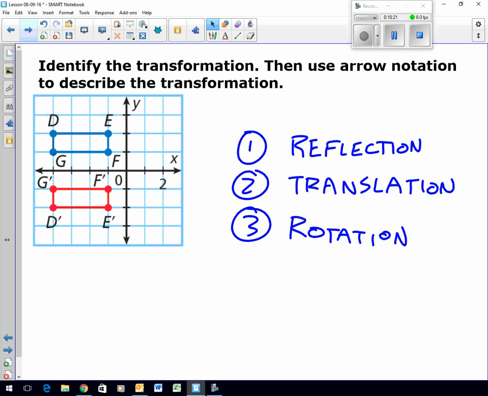So what we do here, we went from D, E, F, G to D prime, E prime, F prime, G prime, and we reflected across which axis? X-axis. If we had reflected across the Y-axis, this figure would have ended up over in this quadrant right here, right? Y'all got me? So here, the reflection.